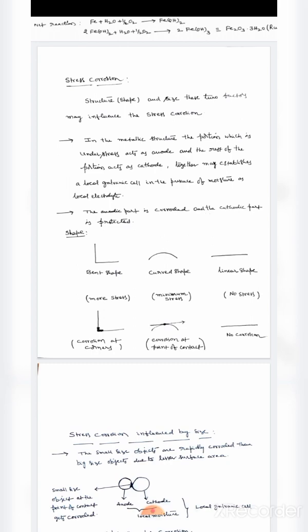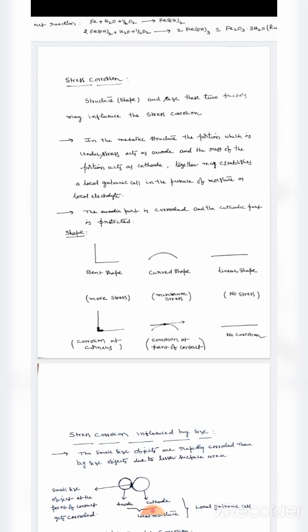Together they may establish a local galvanic cell in the presence of moisture as local electrolyte. It means if a metallic structure is undergoing stress, then that portion will act as an anode and the rest of the portion will act as cathode. In between these two, a local galvanic cell will be produced in the presence of moisture as a local electrolyte. The anodic part is corroded and the cathodic part will be protected.